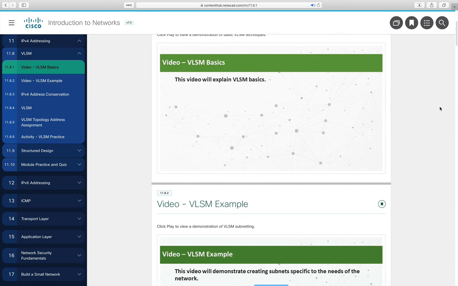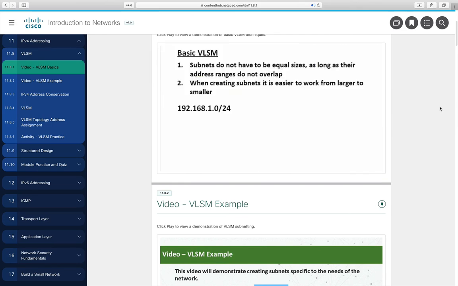The basics of VLSM, or variable length subnet masks, works like this. 1. Subnets do not have to be equal sizes, as long as their address ranges do not overlap. So we can create unequal sized subnets. They do not all have to be the same size. 2.